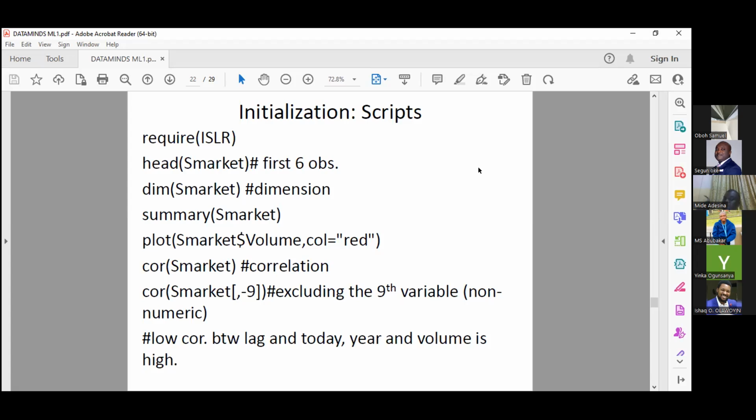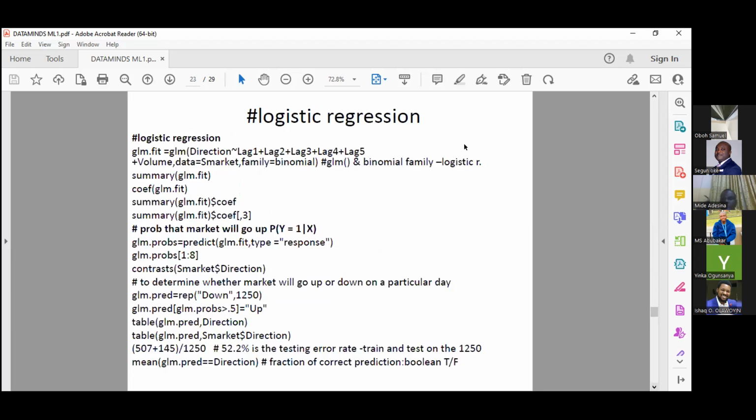It contains non-numeric values. So what we do next is exclude variable 9. That's why we are computing the correlation after removing the 9th column. So we obtain our correlation matrix, an 8 by 8 matrix. Now we assess the outputs.